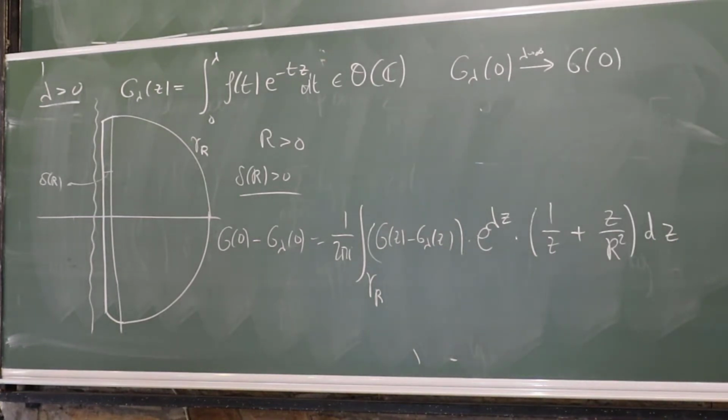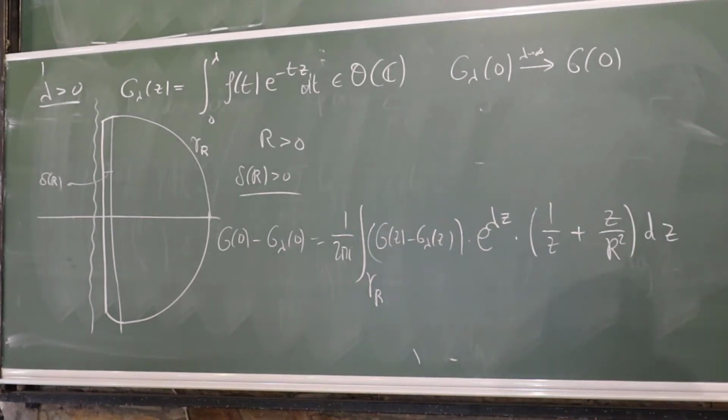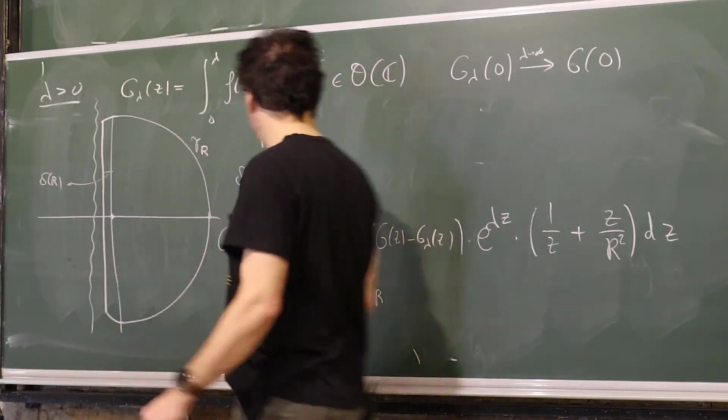Let us observe that this integral, using the residue theorem, the value of this integral, you have to take the residues at the poles of the function in the integrand. This function in the integrand only has a pole when z is equal to 0 inside this contour. So it has a pole here.